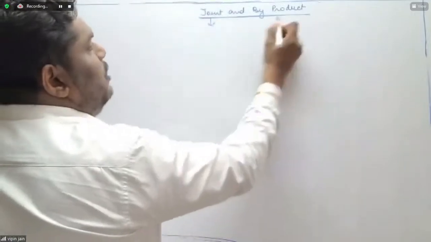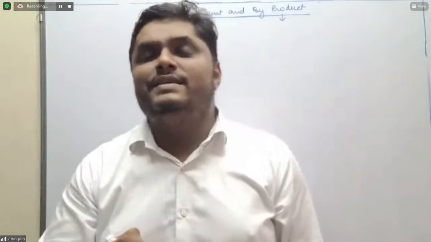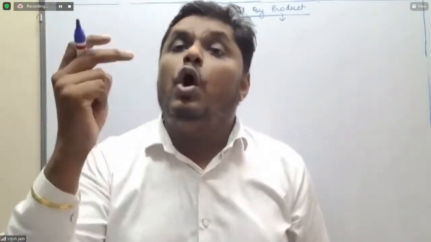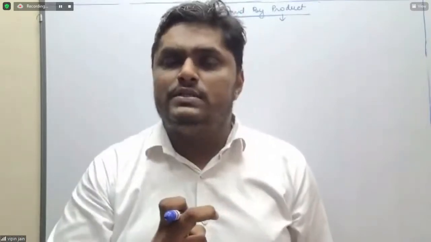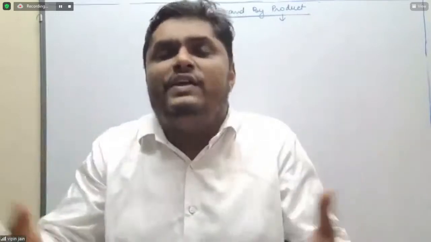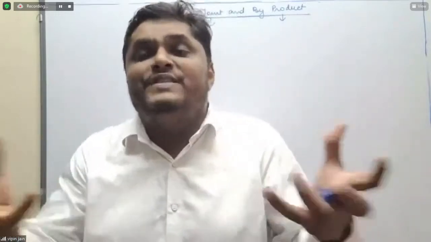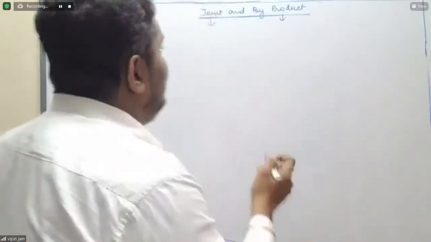When talking about joint product and byproduct, very simple guys, when two or more than two products emerge out from a particular process, and all these products have similar values or identical values or have significant values, then these products are known as joint products. So what is joint product guys?